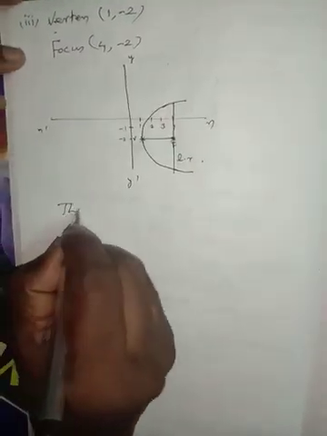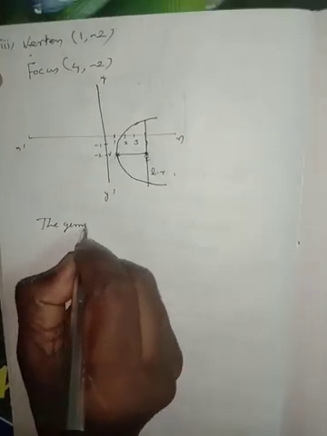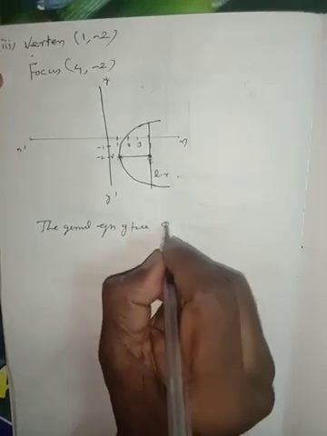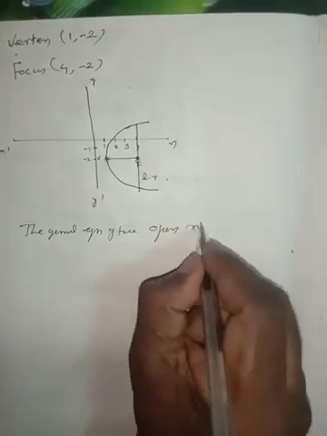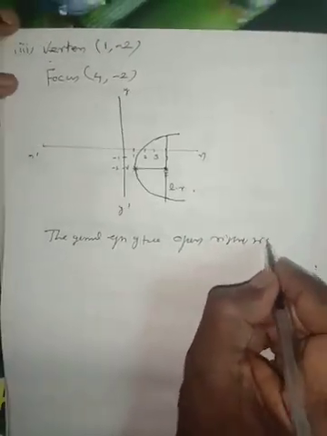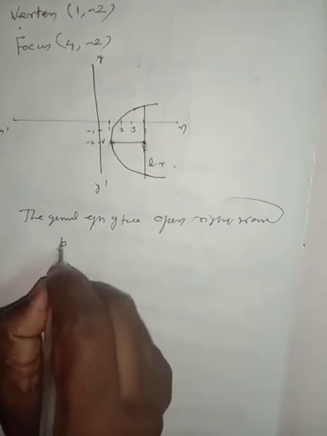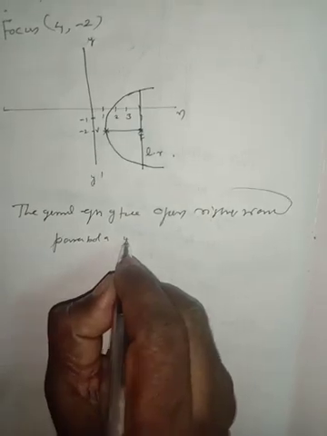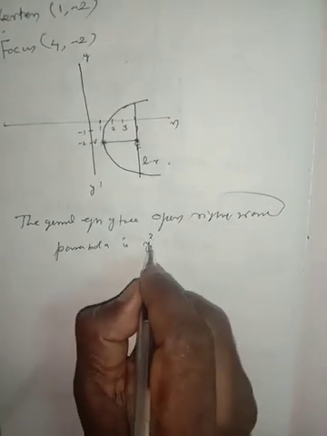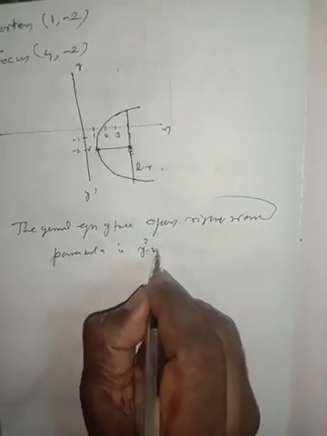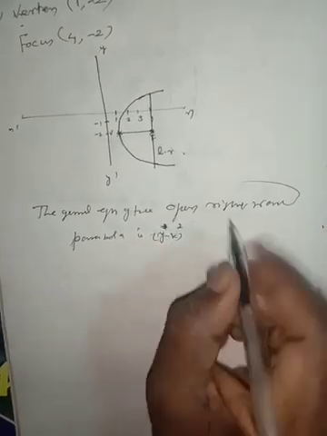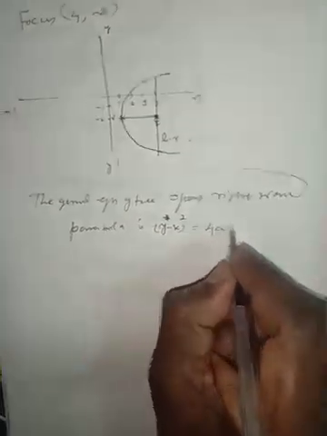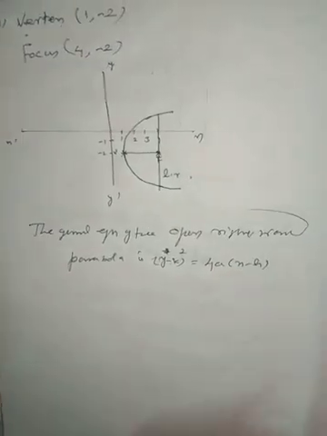The general equation of the open rightward parabola is (y minus k) whole square is equal to 4a into (x minus h).